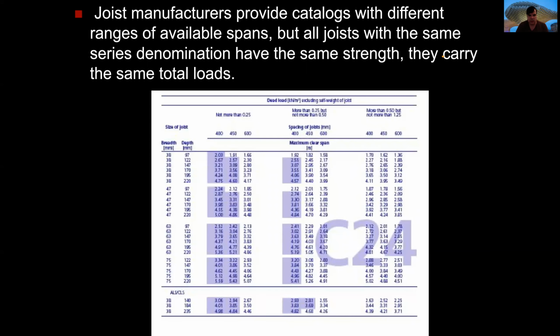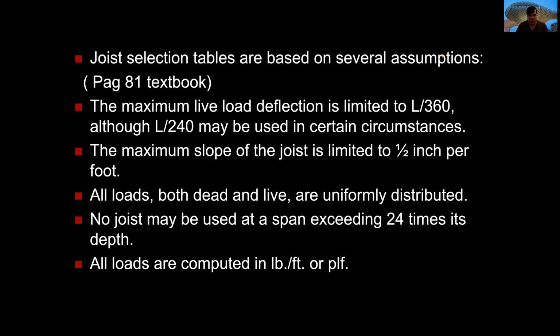We have tables that tell us the type of joist that we have, and the selection is based on several assumptions. You have more information on page 81 of the textbook. The maximum live load deflection is L/360.